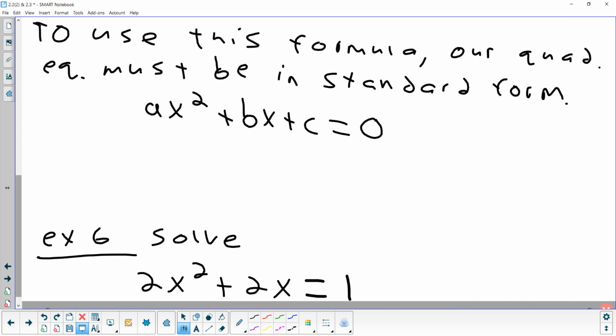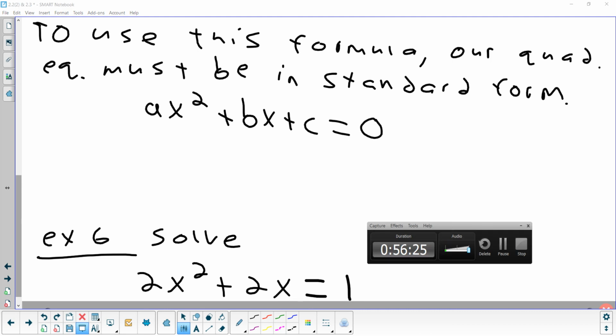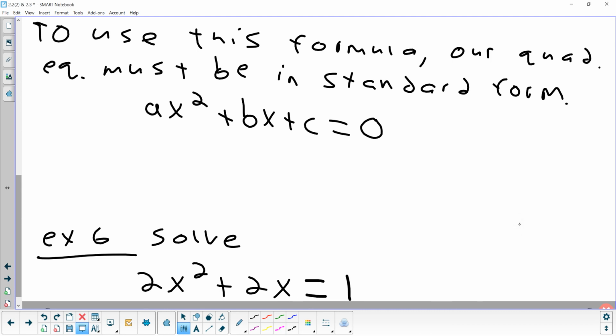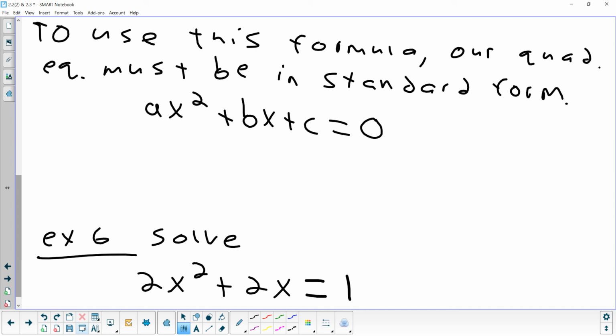Let's try this one. 2x squared plus 2x equals 1. All right.